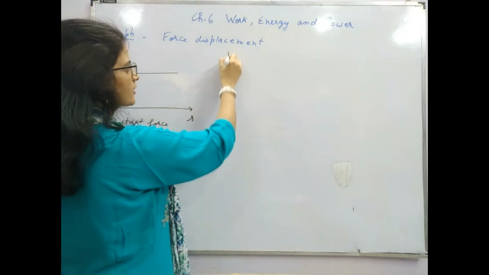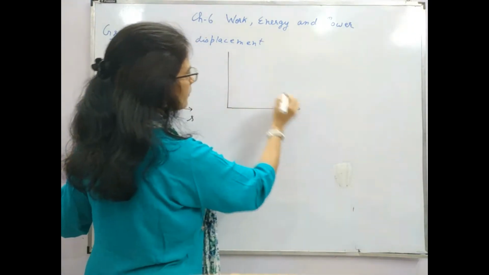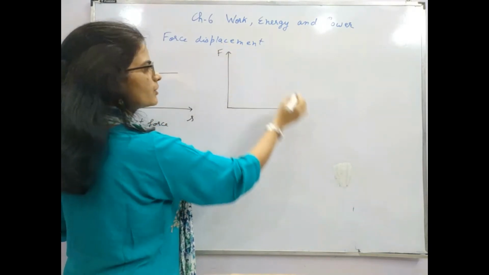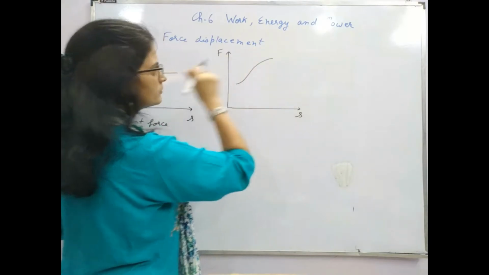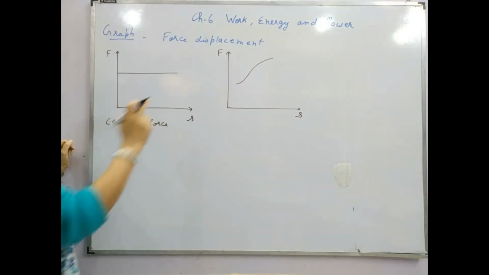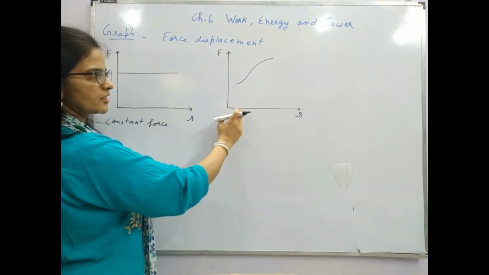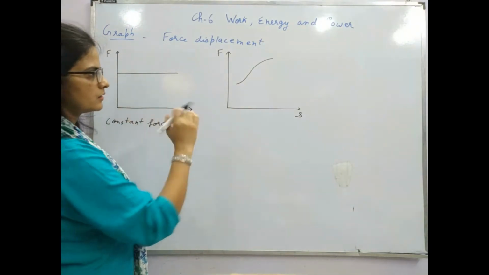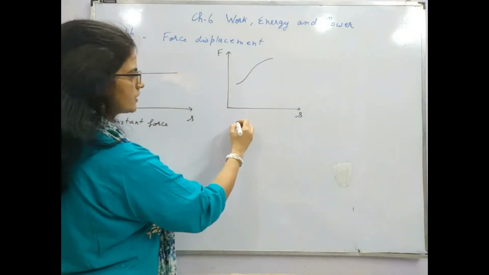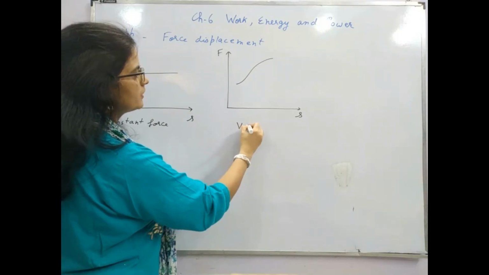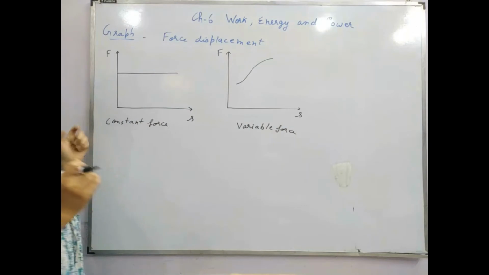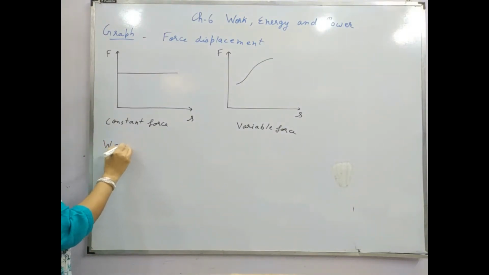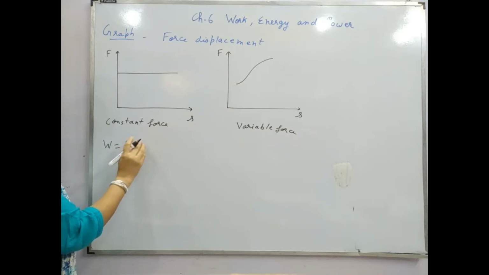And if we have this graph between the force and displacement, suppose this, then we say that different forces are acting for different displacements. So this is, you can say, the variable force, right?